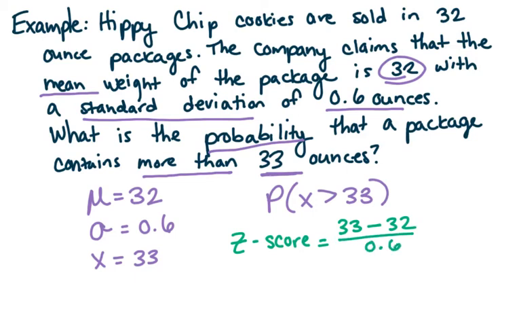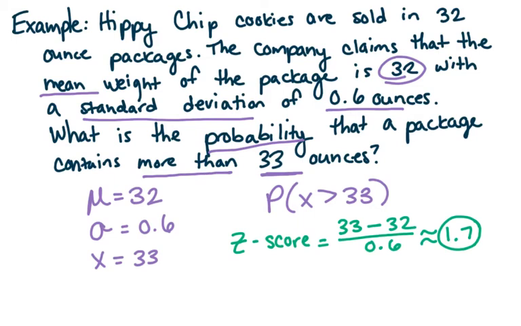I'm going to plug that into my calculator, and I get approximately 1.7. That score tells me where in my table to look.